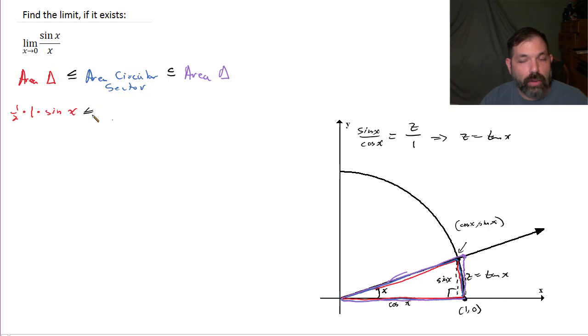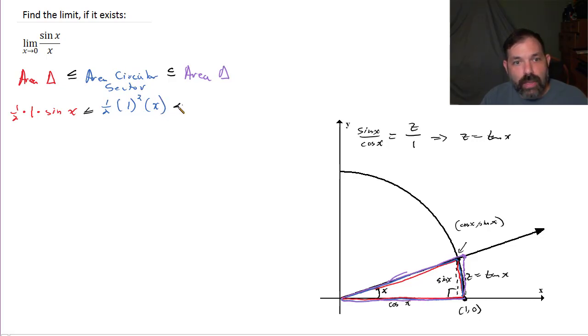Now the area of a circular sector. The area of a circular sector is 1/2 times the radius squared times the angle. The radius is 1 and the angle is x, so in blue that's 1/2 times 1 squared times x.